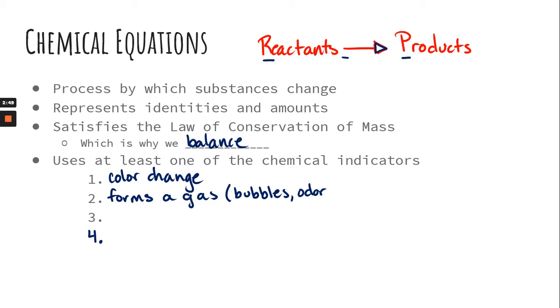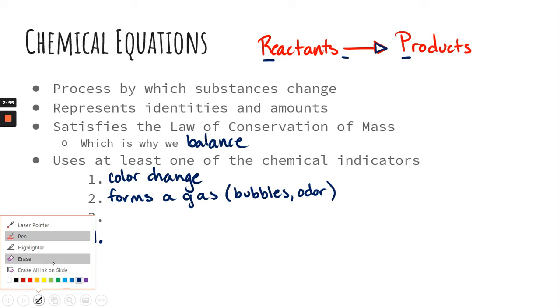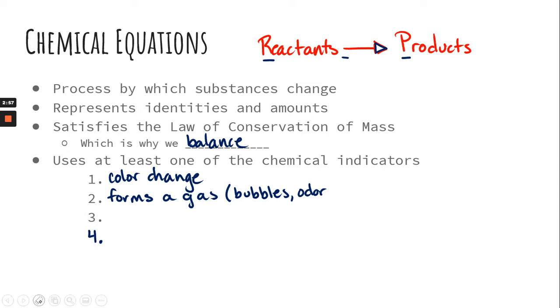So forms a gas, and then we're going to see that possibly as bubbles or odor, or I guess let's put in the last way to know that. Is a loss of mass.